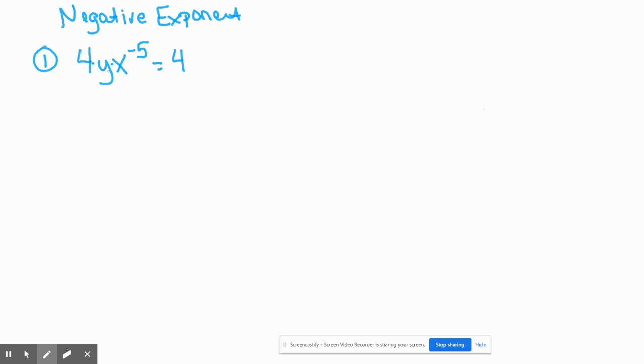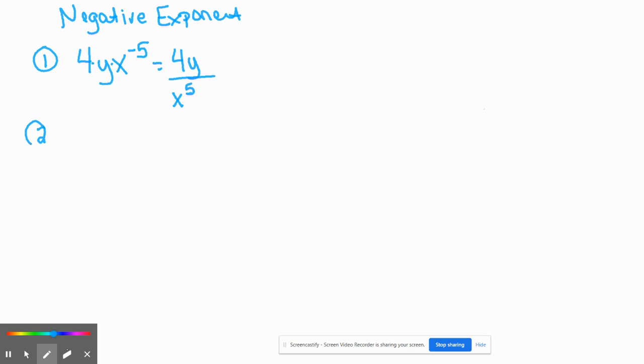The y does not have a negative exponent, so it's going to stay where it's at the top. The x has a negative exponent, so that means it must flip. It's currently on the top, so it needs to flip positions, and it needs to flip to the bottom. And once it does that, your exponent now is positive for you. So your final answer is 4y over x to the 5th.